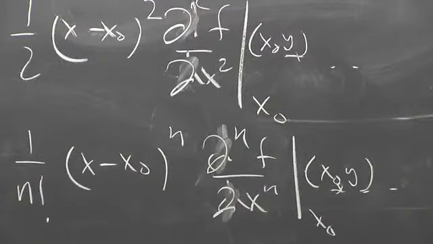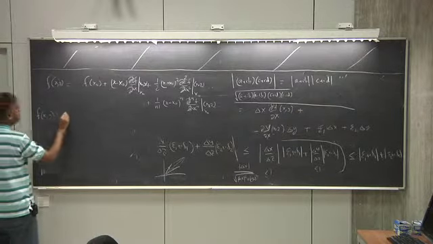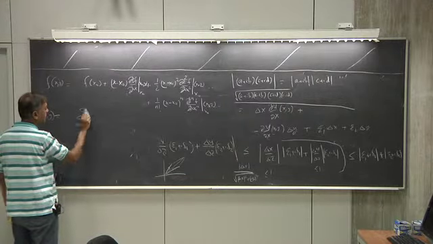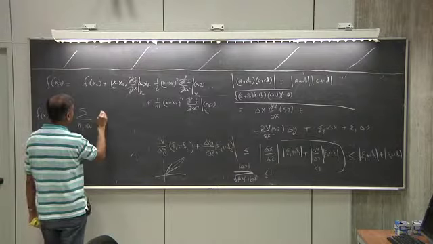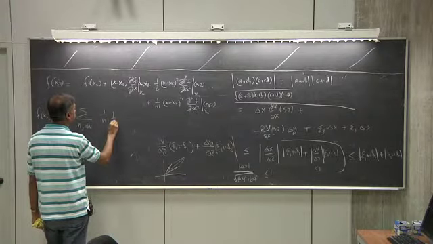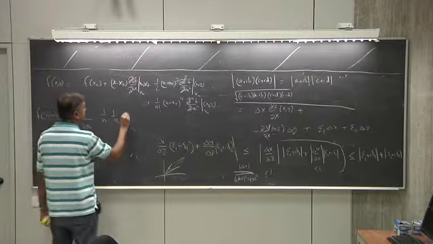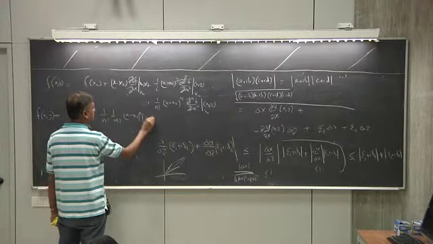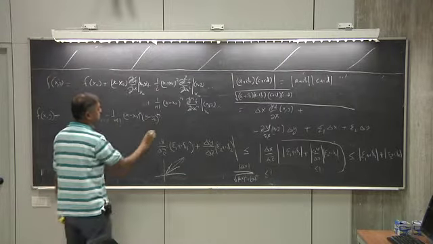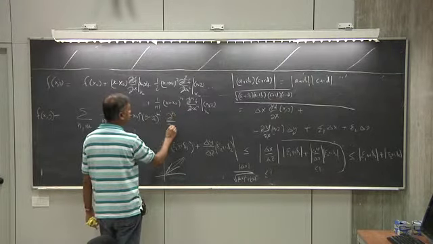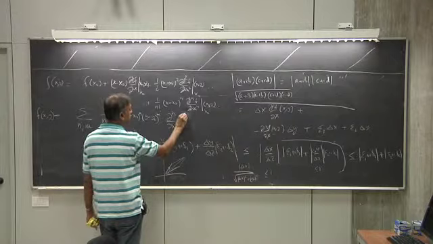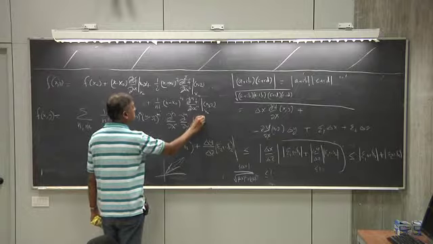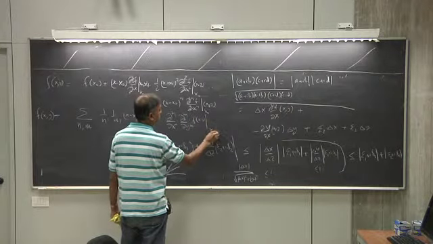So that results in a double expansion, and this can be written as a sum over n, m of 1 over factorial n, 1 over factorial m, (x minus x0) to the power of n, (y minus y0) to the power of m, and dn by dxn, dm by dym f of xy evaluated at x0 y0.